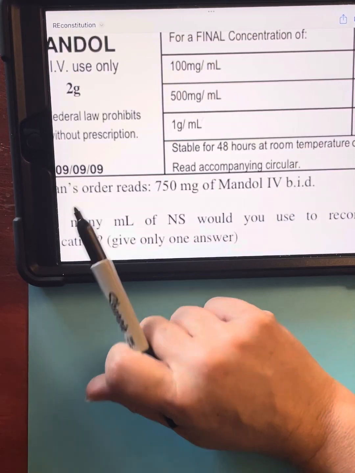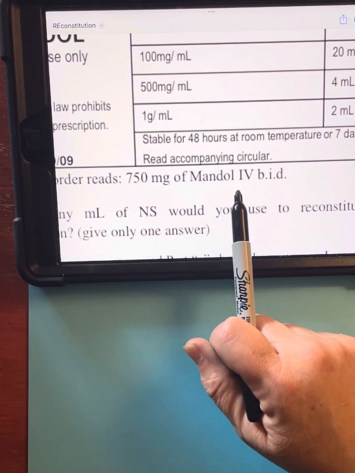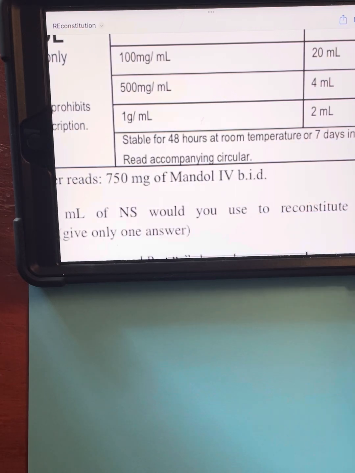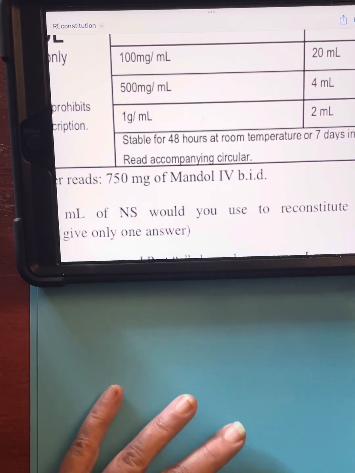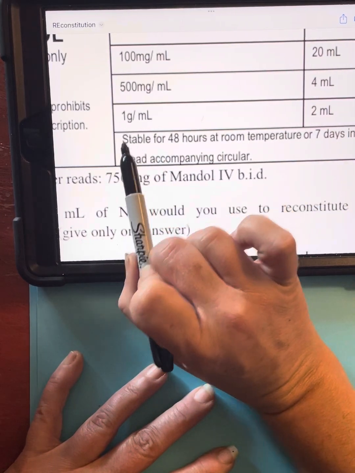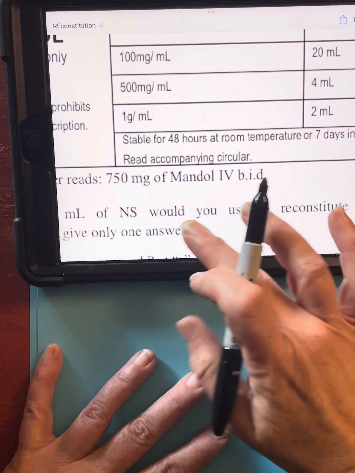So the physician wants them to get 750 milligrams of it, BID. So I'm going to go with the 2 so that I can give him less than 1 milliliter. You see that?